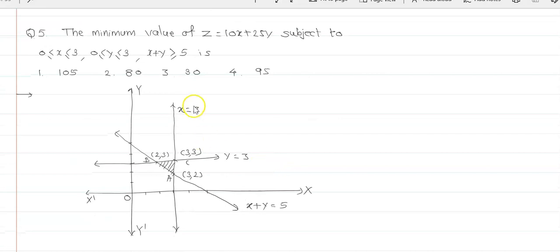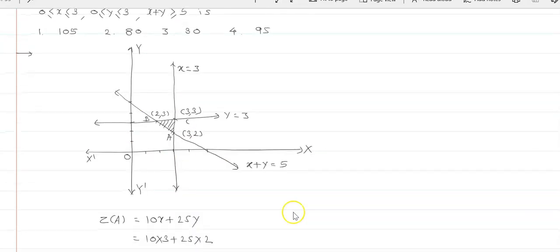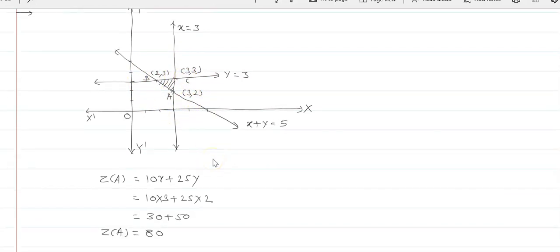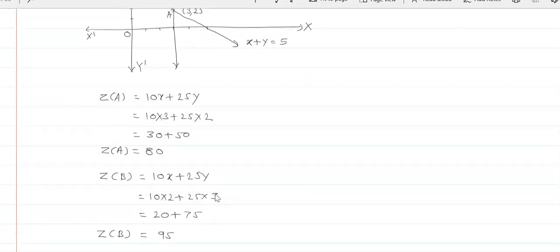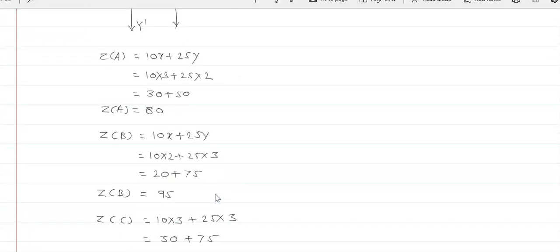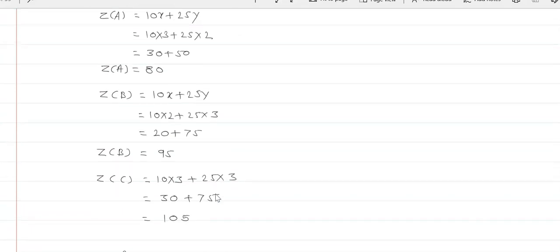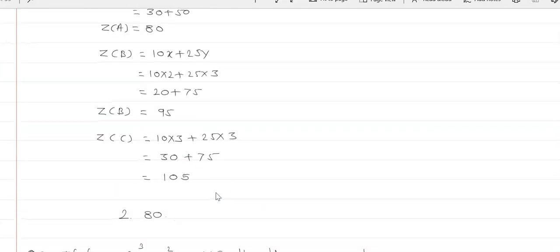These are the equations: x is equal to 3, y is equal to 3, x plus y is equal to 5. These are the points of intersection of these lines. A is 3, 2, C is 3, 3, B is 2, 3. Substitute the values in z. Z of A is equal to 80, z of B we have 95, z of C is equal to 105. And therefore the second option is the correct one.